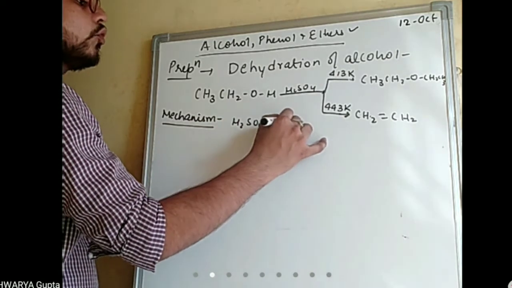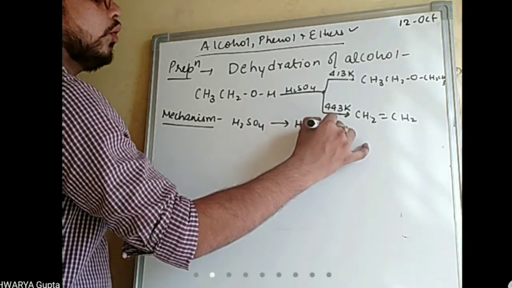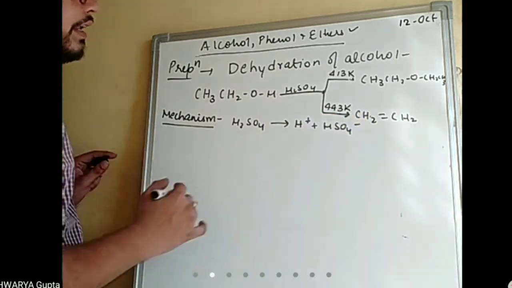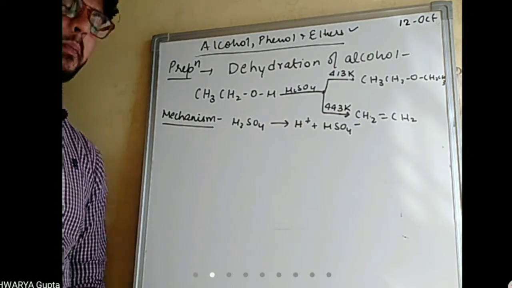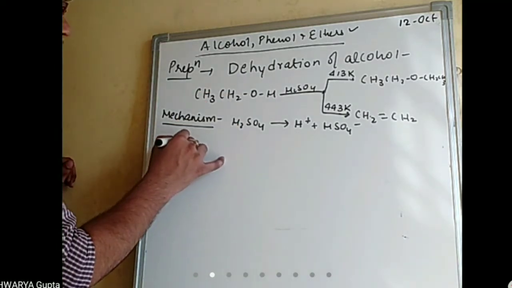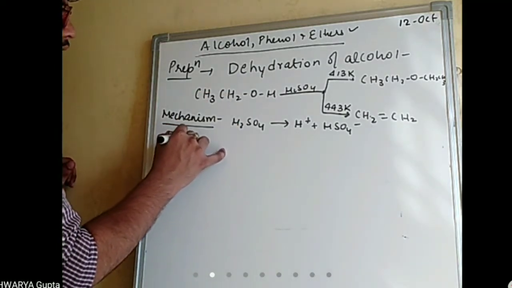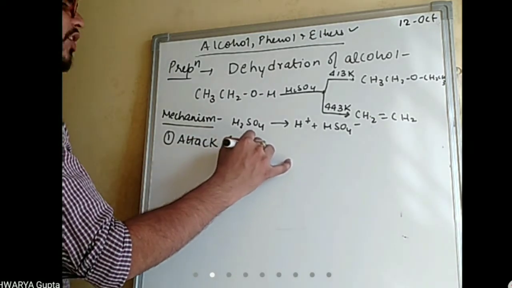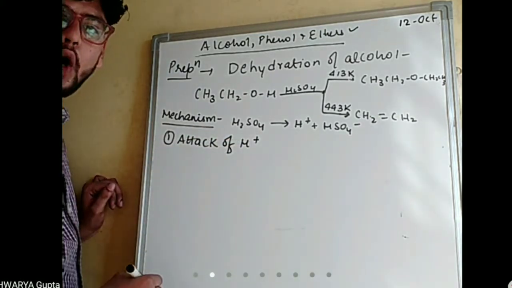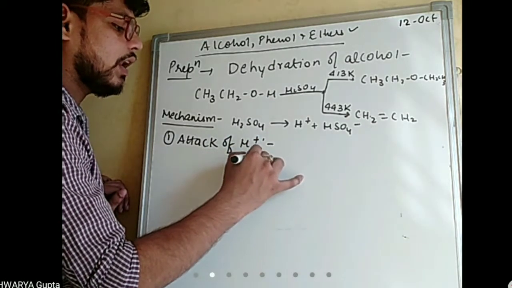First, this H2SO4 breaks up into H plus and HSO4 minus. Then the first step is the attack of H plus. In this step, what will happen?